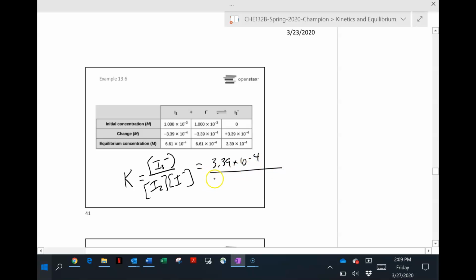And then on the bottom, we're going to have 6.61 times 10 to the -4th times 6.61 times 10 to the -4th. And, all right, where's my calculator? If I plug that into my calculator, and again, this is a great opportunity for you to check that you can do this.